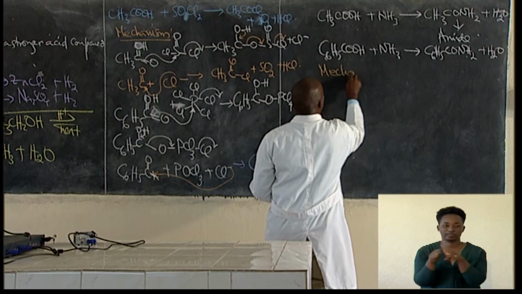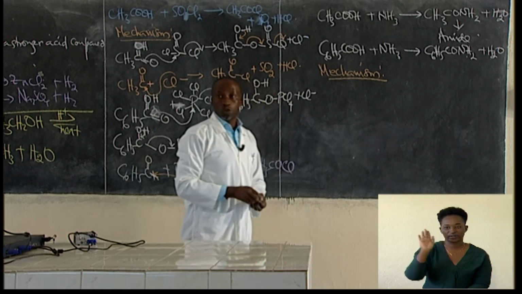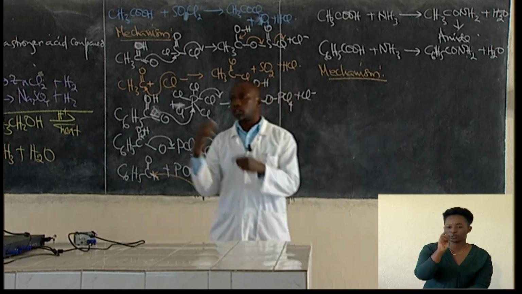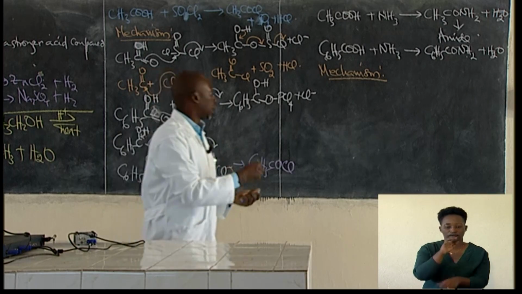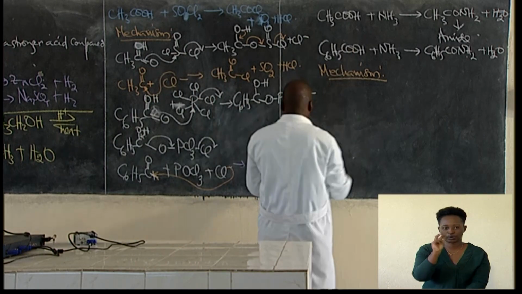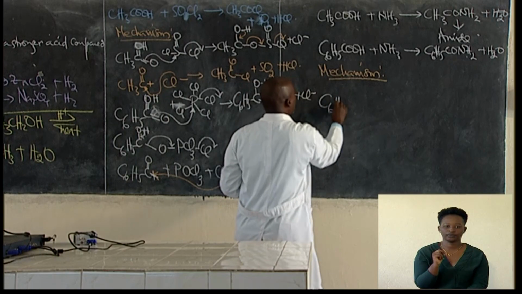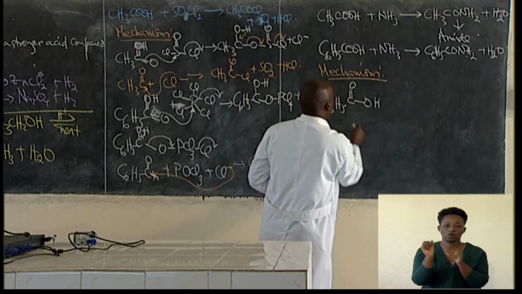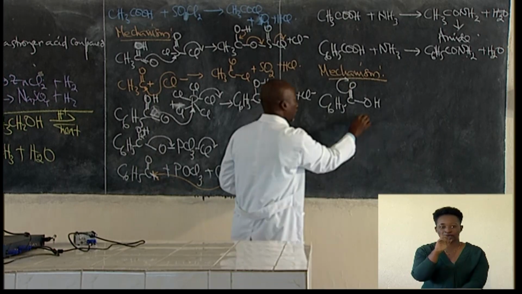The mechanisms are similar as well. So let's look at the mechanism for that reaction. The nitrogen, which is electron rich with a lone pair, will attack the carbon containing the oxygen, in this form C6H5CO with OH. The oxygen, being more electronegative, pulls electrons, so the carbon acquires a positive charge.